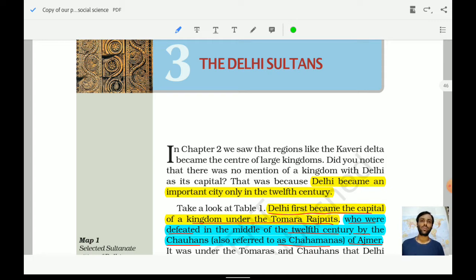But simultaneously there rose a power which was very near to the northwestern frontier of India, and after the Abbasids, the Samanid dynasty developed, right?